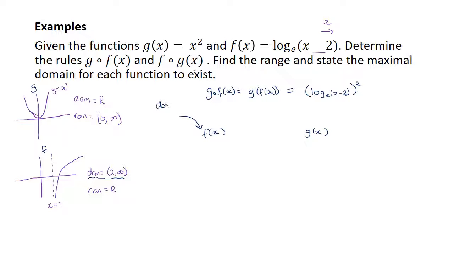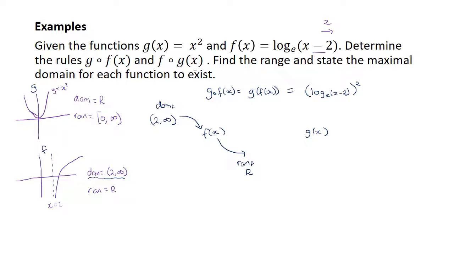That's the allowable values. I can put in any number from 2 to infinity into this function, and it will give me a y value. If I put any number from 2 to infinity into my log e of x minus 2 function, I get out the range of f, which is all possible real numbers.